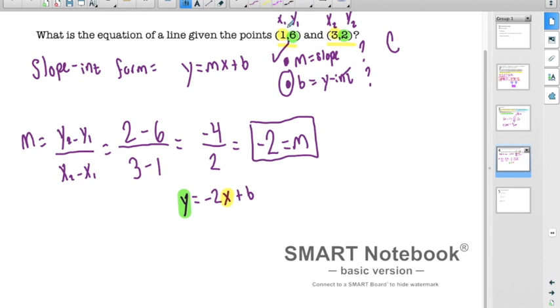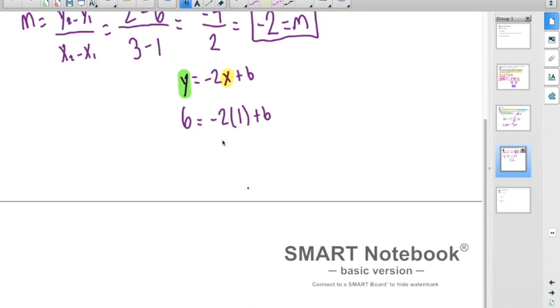So solving for this, let's use this first one here, right? Let's use this one, (1, 6). So my y is going to be 6. So 6 equals negative 2 times x, which is 1, plus b. And then I just have to solve for b.